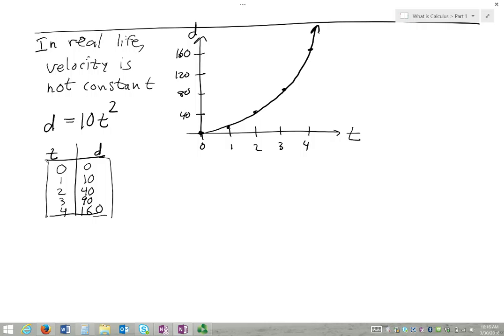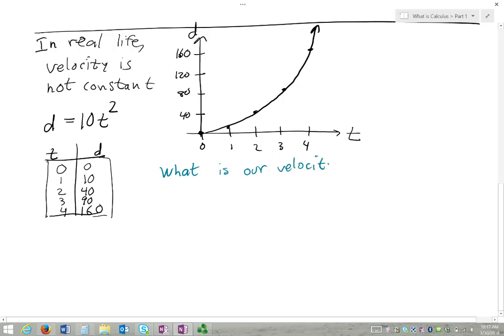So, suppose we have the following problem. Okay, what is our velocity at 3 hours?